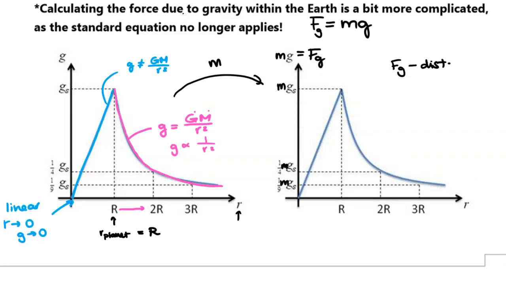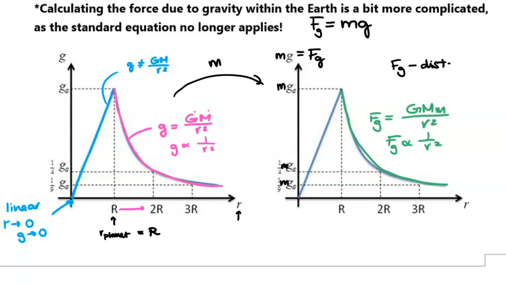It has exactly the same shape because we've got just multiplication by a constant here. So we've got this portion of the graph, that is Fg now, and it was GM times m on r squared. So all we've done is multiply an m on the end here to get this. So here, Fg is proportional to 1 on r squared.